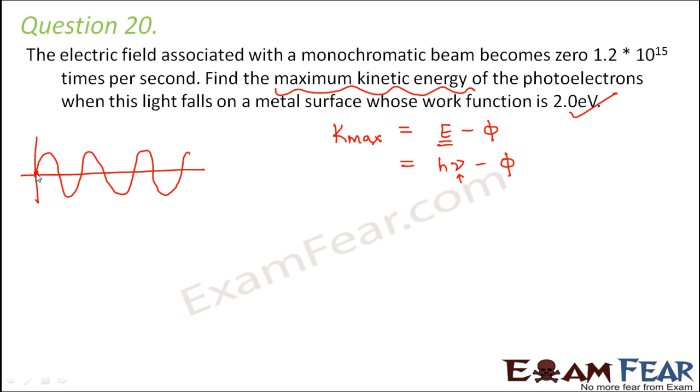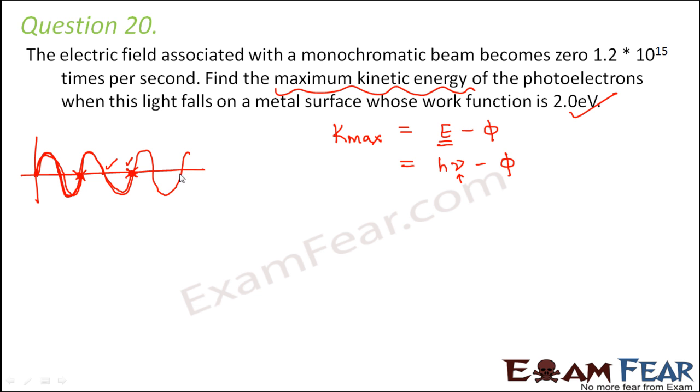If it starts from here till here, that is one complete period, because this is the time frame in which one cycle is completed. Again, from this point till this point is one complete period. So from here to here, how many times does the electric field become 0?